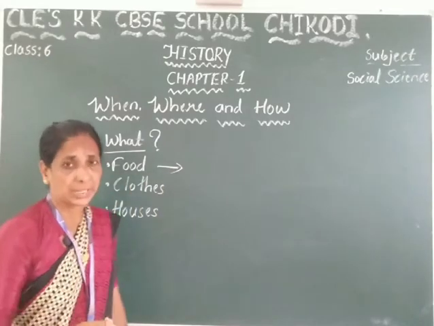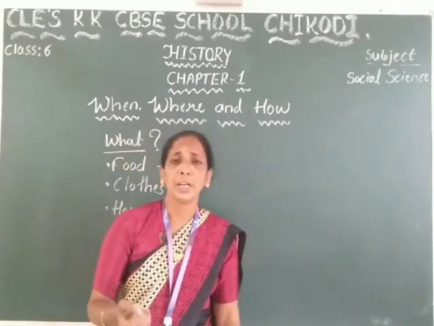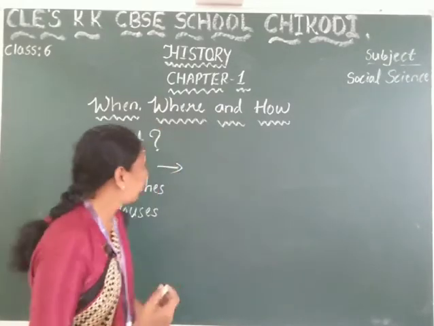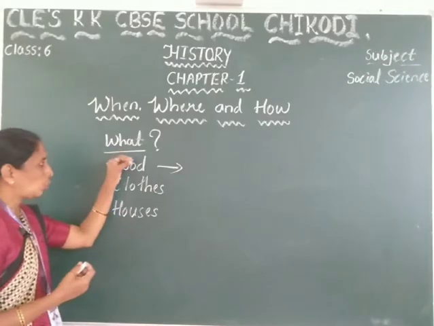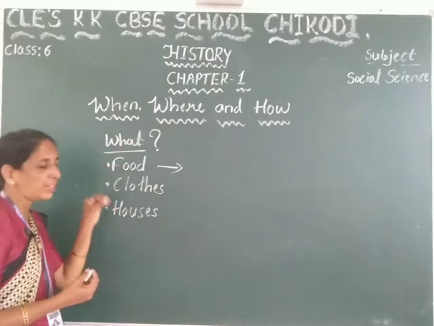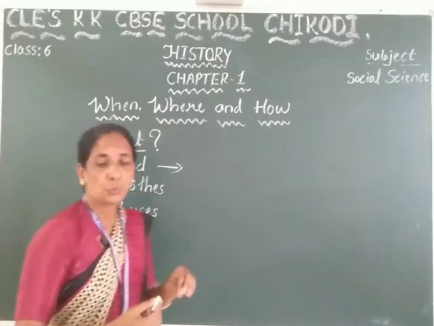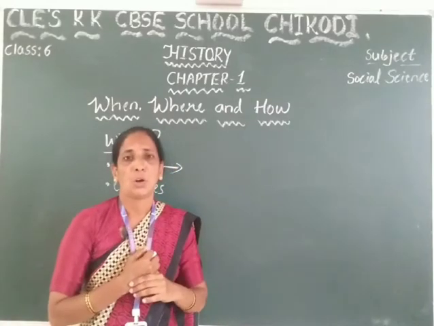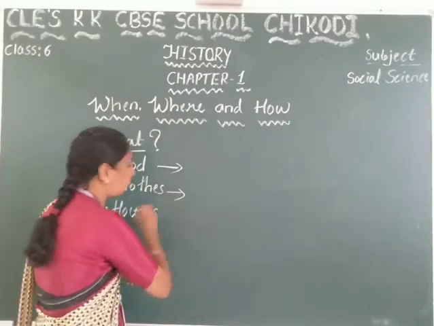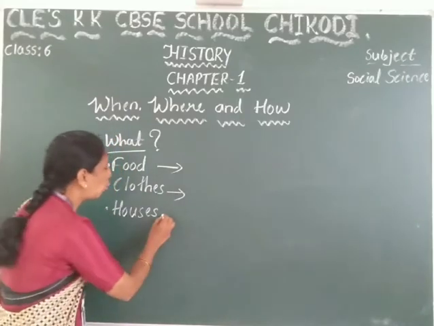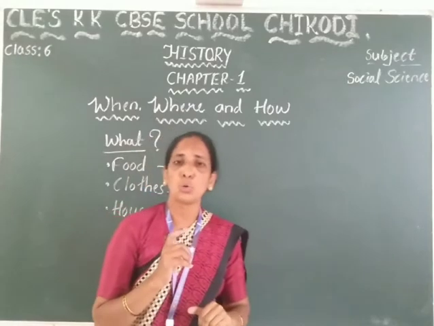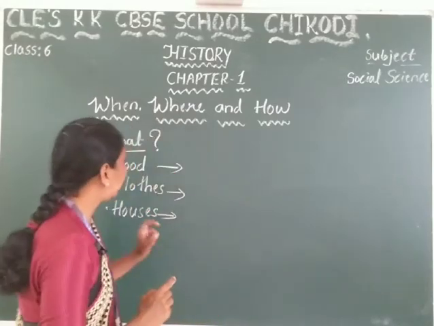We know the early men also changed their lives. So what kind of food they ate, what kind of clothes they wore, and what kind of houses they lived in. These are all questions we are learning.